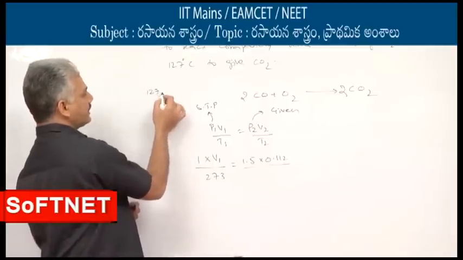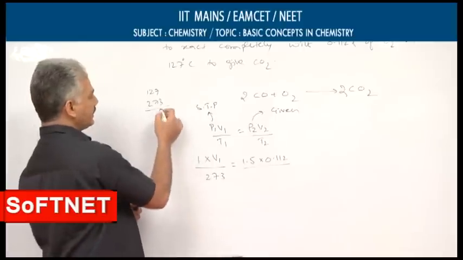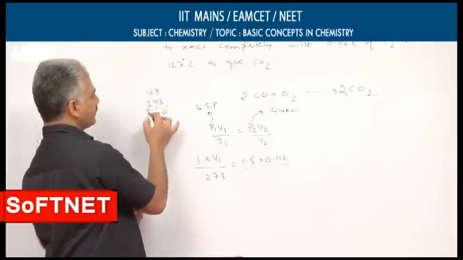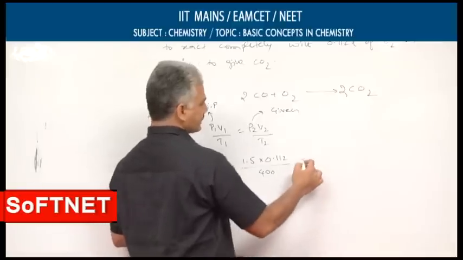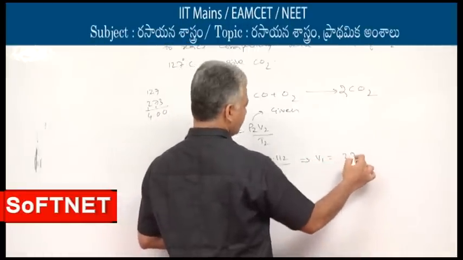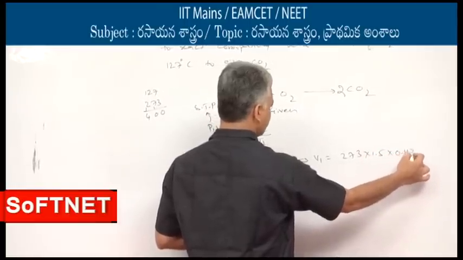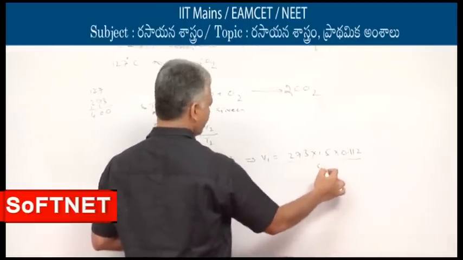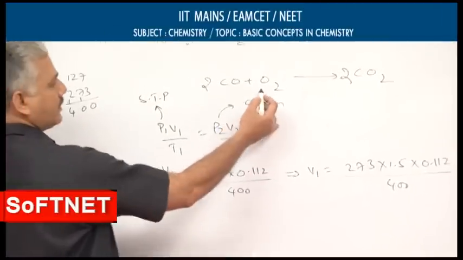To convert degree centigrade into Kelvin scale, you need to add 273. So, that comes out to 400. From this, volume of oxygen comes out to 273 into 1.5 into 0.112 by 400. This has to be taken as a volume of oxygen.